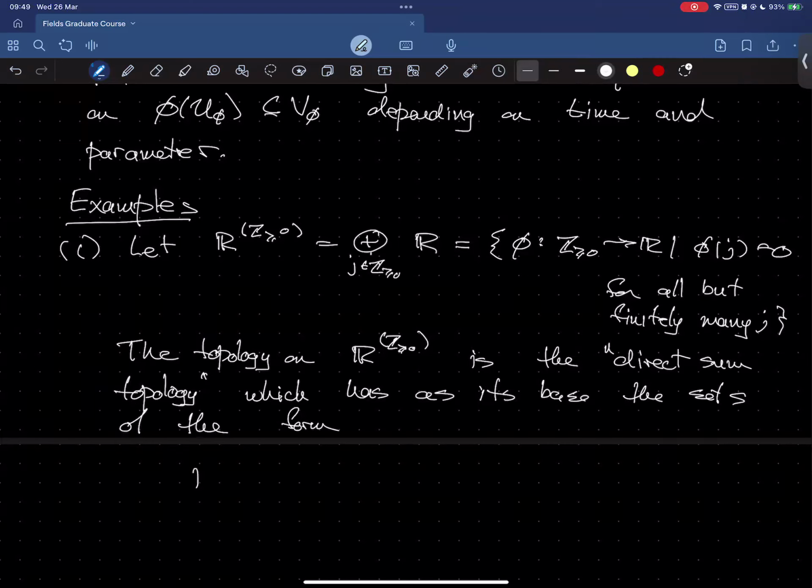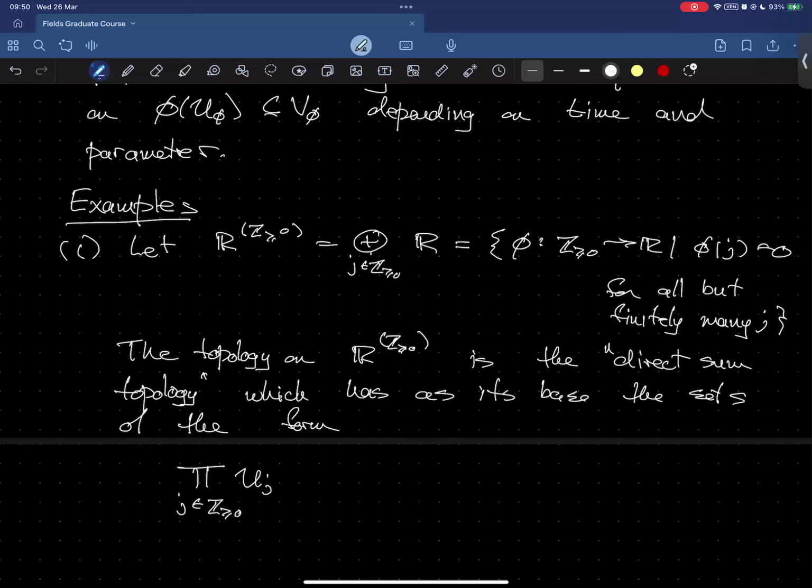So I'm going to take products of, okay, so this is direct sums of R. So I'm going to take products of open subsets of R. Okay, so I'll just write those as UJ.